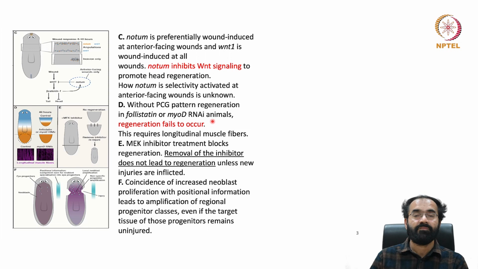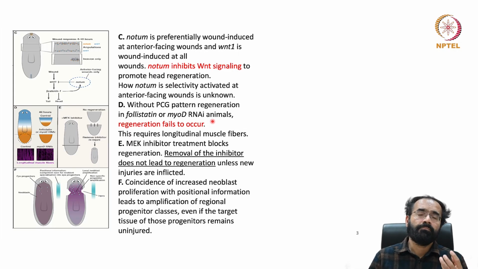MyoD also you should know, we know the muscles are the place where the PCGs are expressed. If you knock down myoD or NKX1, which are longitudinal or circular muscle markers, you will not be able to get any PCG expression, because position control genes are expressed in the muscles, which will interact with the neoblast and they give rise to a tissue.